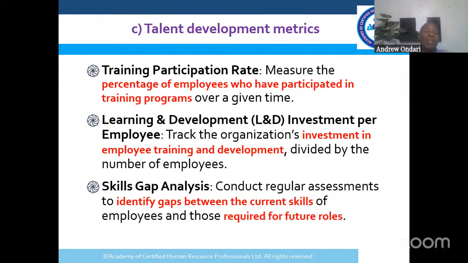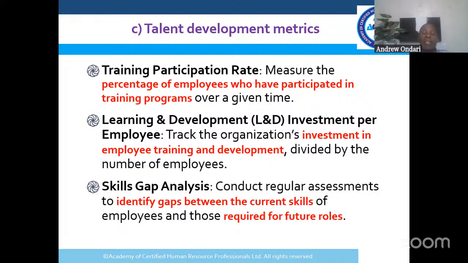Secondly, we look at learning and development, where we are looking at the investment. This investment is usually in the form of a budget where we spend money to train and develop people. What we audit is whether this training has produced results. Results could be 1, improved service delivery. 2, increased revenue.